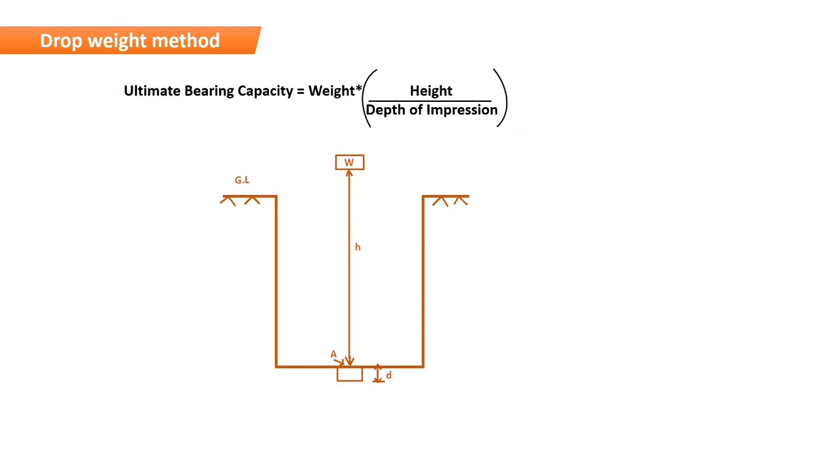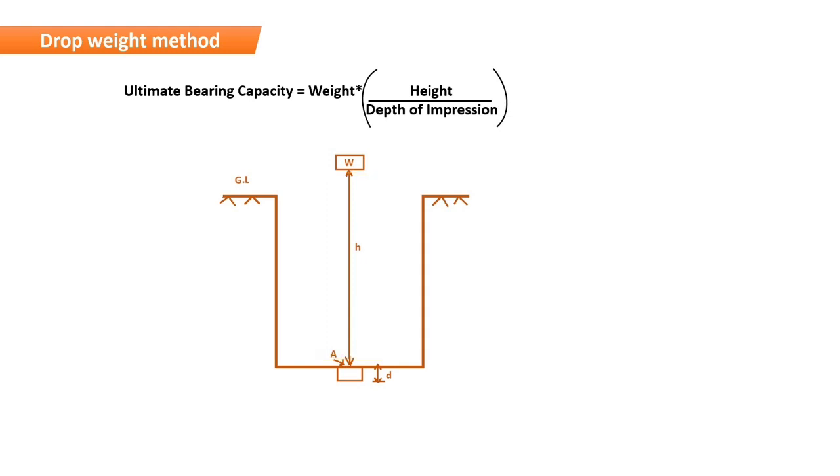That is the weight of the cube in kilogram, then the height of the fall in centimeter. For example, 100 centimeter, 120 centimeter, whatever value we got.